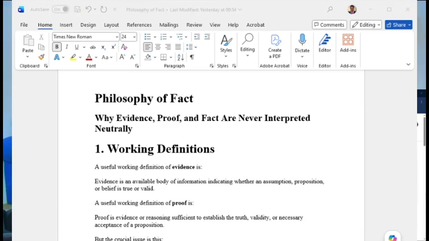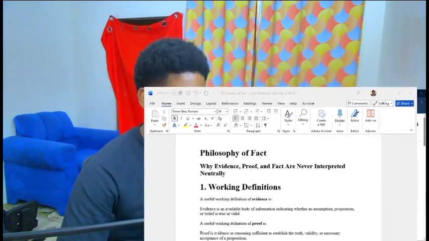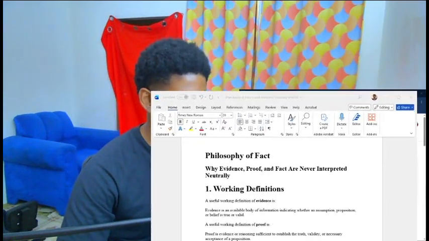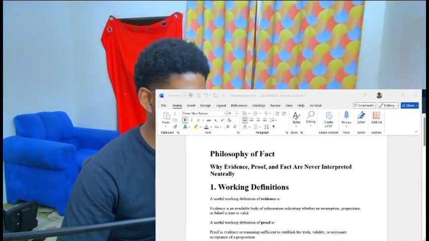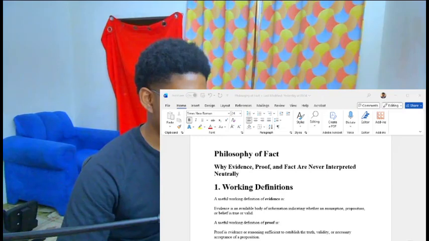All right, let me see if I minimize my screen, you guys can still see what's there. You guys still see it or no?